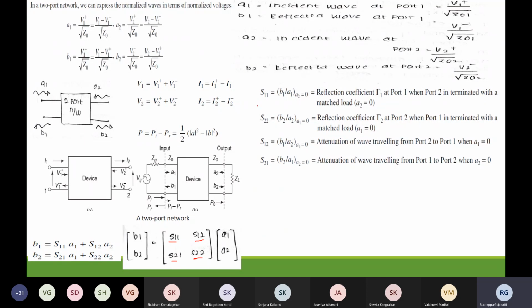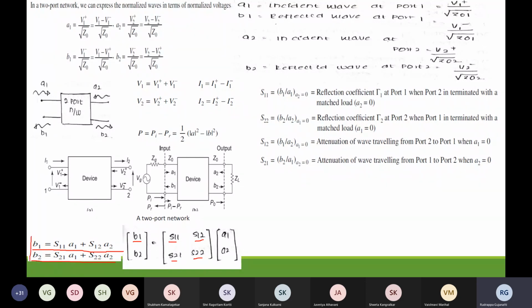Now again, if I represent this in equation form, this is how it is represented. We have B1, you multiply and equate each of the terms. So B1 is equal to S11 into A1 plus S12 into A2, and B2 is equal to S21 into A1 plus S22 into A2.